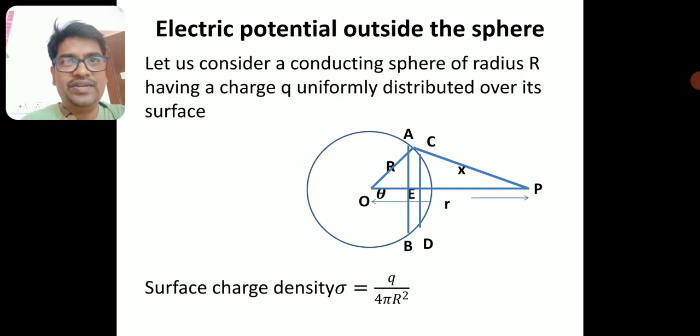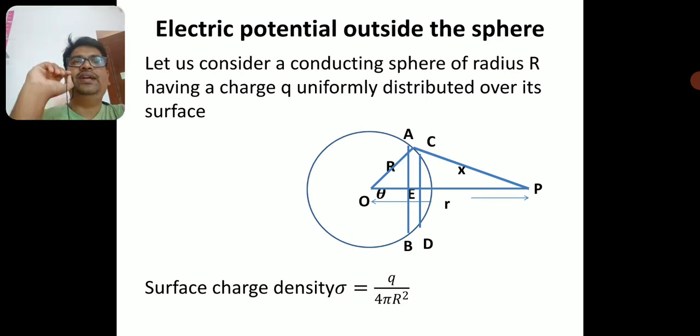O is the center of the sphere and P is the point I have considered. The point P is at a distance of x from the surface of the sphere. X is the distance from the surface and r is the distance from the center of the sphere.